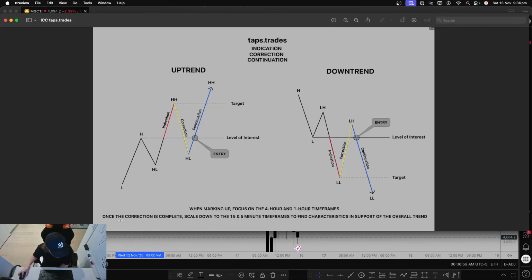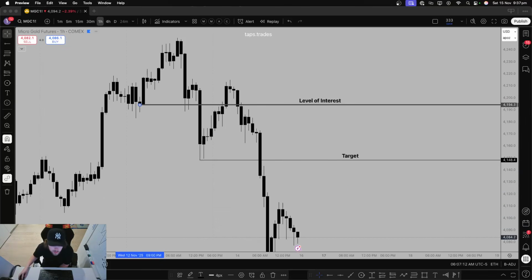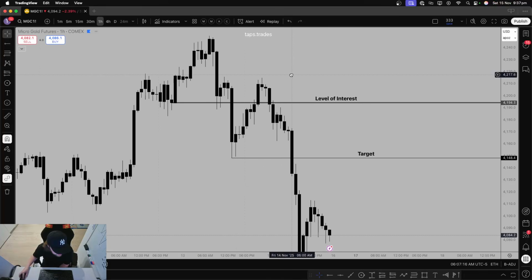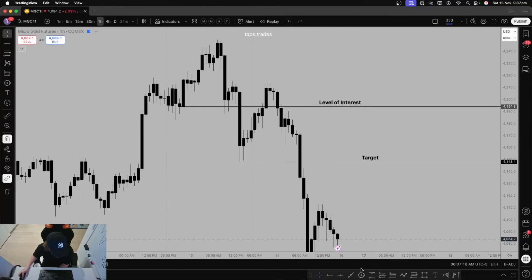Once the correction phase is complete, so this phase here, we then scale down to the 15-minute and the 5-minute time frames to find characteristics that support the overall trend. So, indication phase, correction phase. Now let's scale down. I'm just going to put a little mark here just to indicate where we are in the market and what phase we're at.